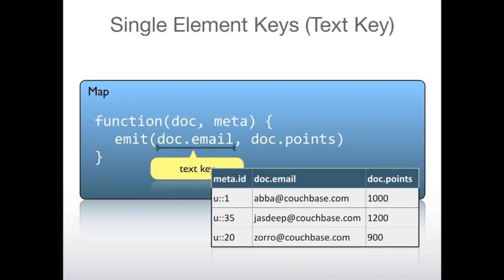So in this second parameter, doc.points, if I just outputted doc, which is the entire JSON document, what happens is that we actually now have a consistent copy of doc, the JSON document, in RAM and on disk.